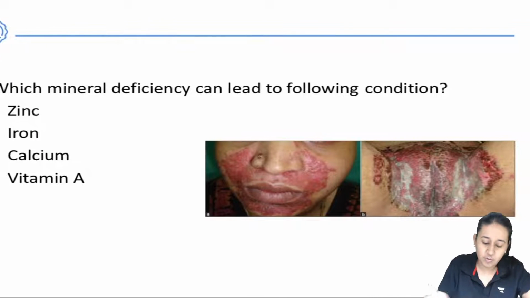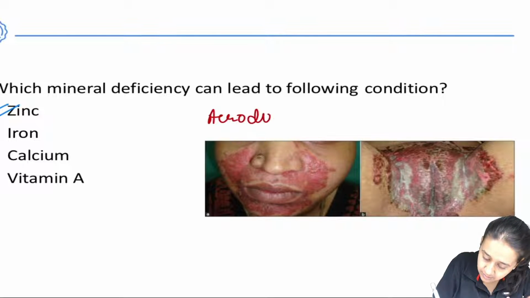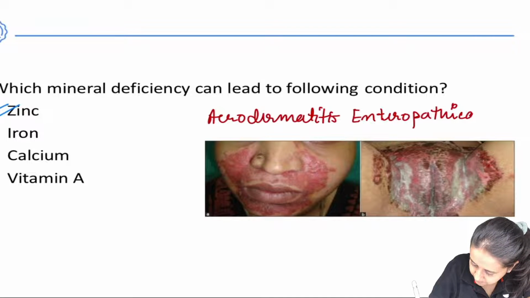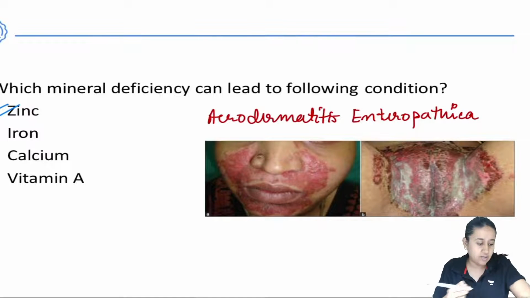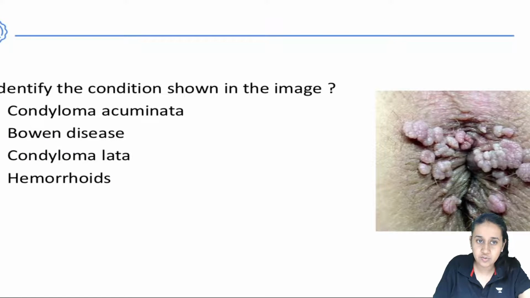The correct answer is option number 1, and you all are right that this is an image which shows a condition known as acrodermatitis enteropathica. Acrodermatitis enteropathica. Clear? Next question.